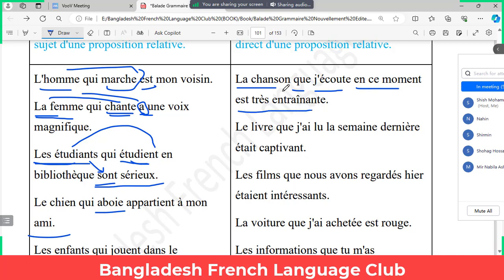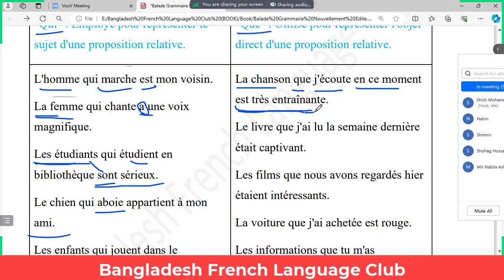So after que you will always see a subject and a verb, but after qui we just have the verb, no subject. So la chanson que j'écoute en ce moment means the song that I am listening to right now is very entertaining, right?